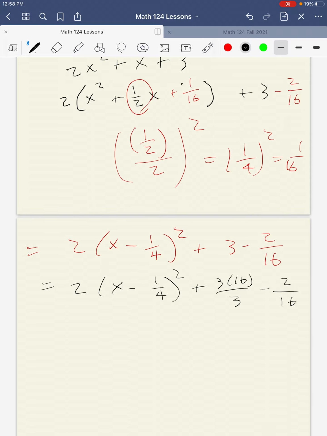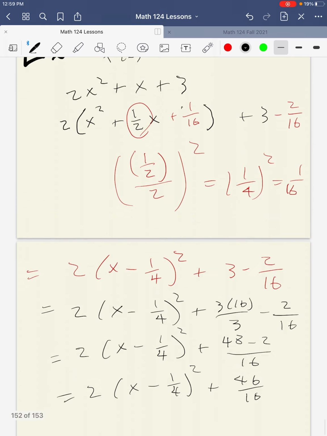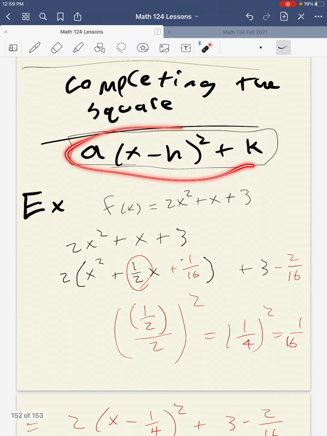And then 3 times 16 gives us 48. So we have the following: 48 minus 2 all over 16. 2 times x minus 1/4 squared plus 46 over 16. Okay, and now we did it. We wrote the equation as we wanted to.